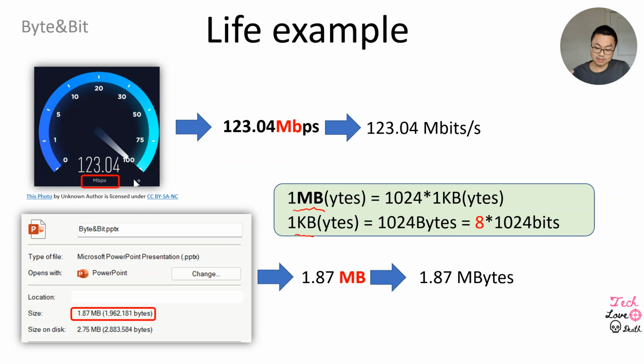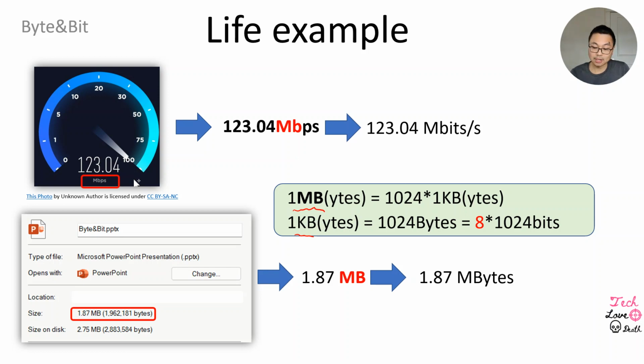So the conversion factor is 1024, which is different from the factors we use in our daily lives. For example, 1 kilogram equals 1000 grams. 1 liter is equal to 1000 milliliters. So they are 1000, not 1024. So the factor 1024 is only used for computer system.